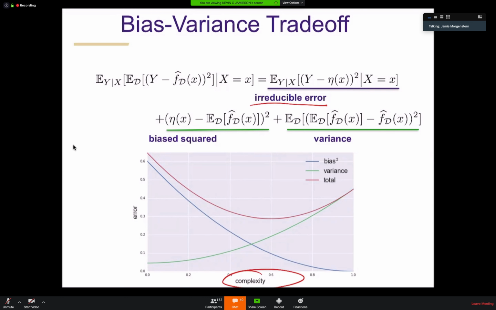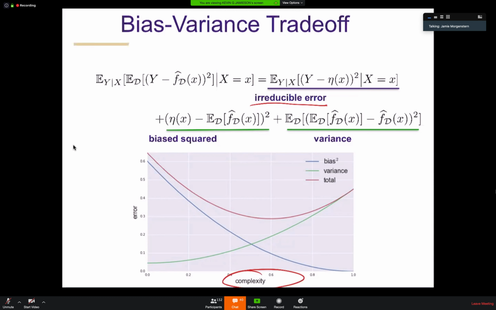If we think of our true data as generated by a degree 7 polynomial, we could bring our complexity out to a degree 7 polynomial or even beyond. You could imagine the bias might go up again, or at least level off. I'll let Kevin say more about that.